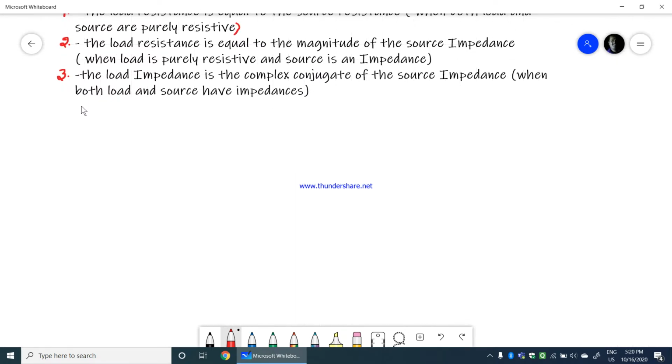Let us derive the first condition, which says when both load and source are purely resistive.